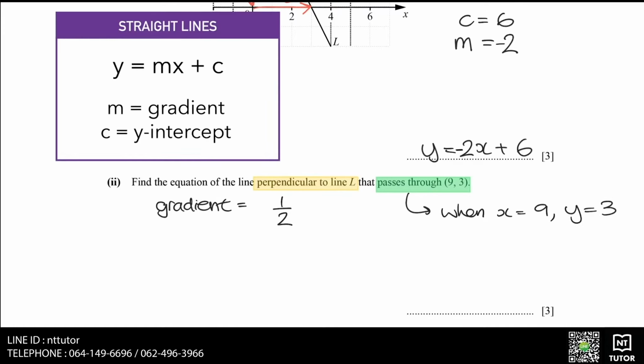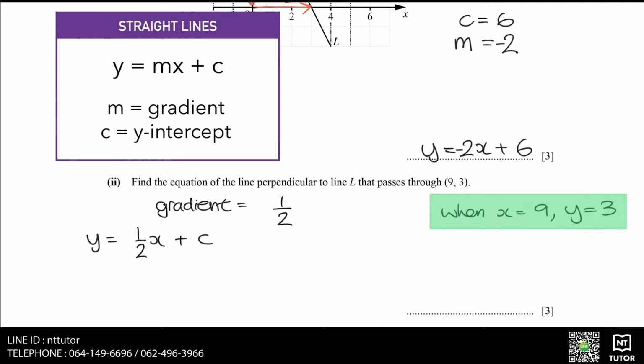From the standard format of a straight line y equals mx plus c, we already know that m is equal to a half. And since we know that when x equals 9, y must equal 3, we can substitute this into the equation of our straight line and solve for c.